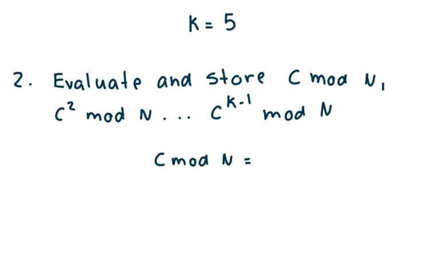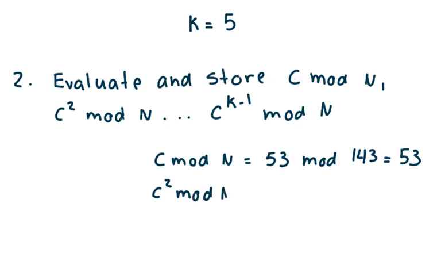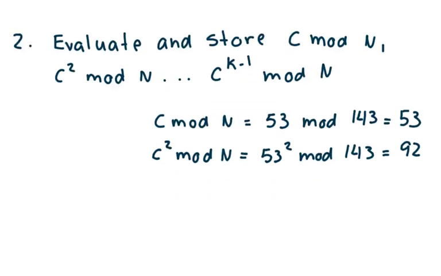C mod n is equal to 53 mod 143, which is just equal to 53. Next value is c squared mod n, which is equal to 53 squared mod 143, or 92. Next value is c cubed mod n, or 53 cubed mod 143, or 14.